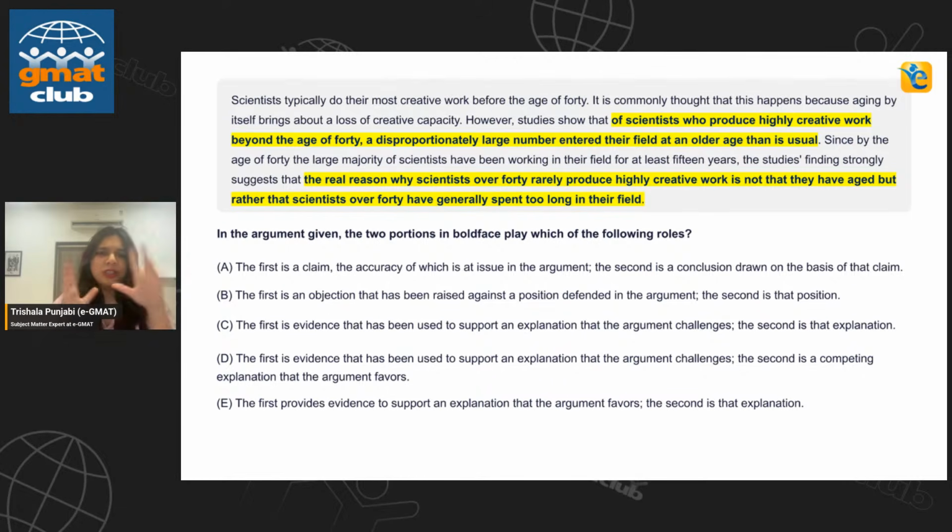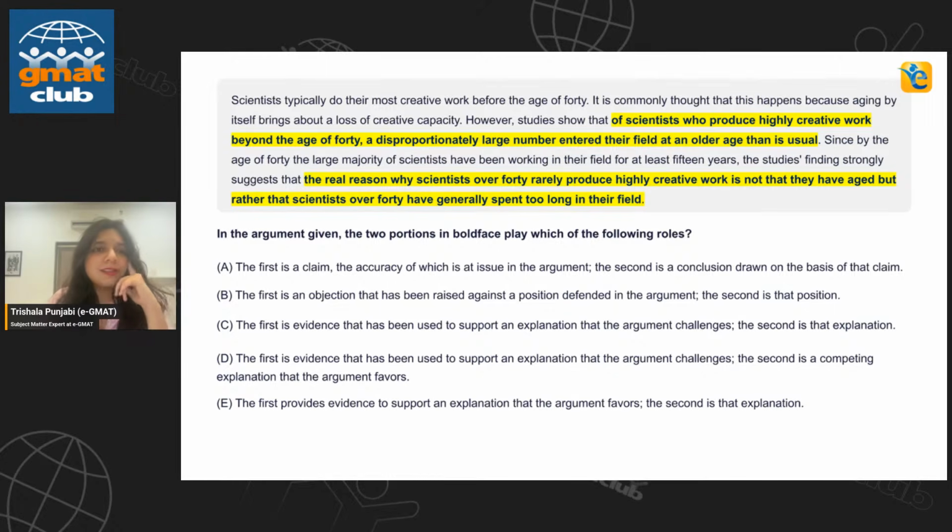That, listen, you were saying that it's aging, but actually, if we look at, let's say, 10 scientists who actually did creative work beyond the age of 40, like 7 of them entered the field at a later age. So, this is an actual study finding. Now, this says that since by the age of 40, again, take a pause here. What does since mean?